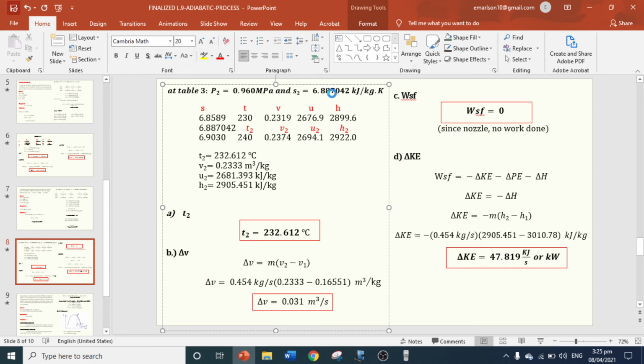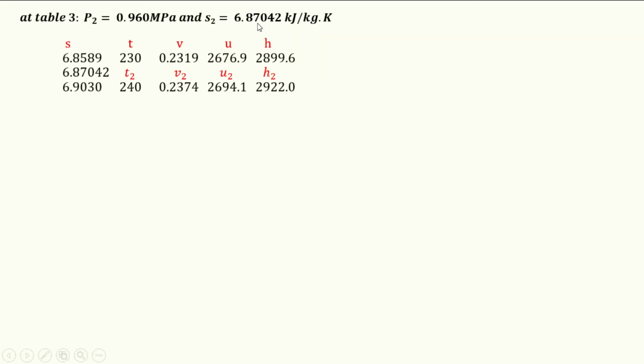Tama pala. Ito pala yung mali. 6.8704. So, at 0.96 megapascal, hanapin mo ngayon kung saan napapagit na yung ating entropy 2 na 6.8742.